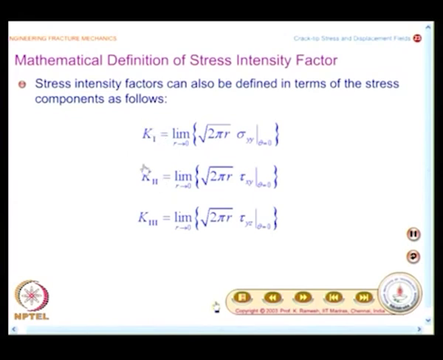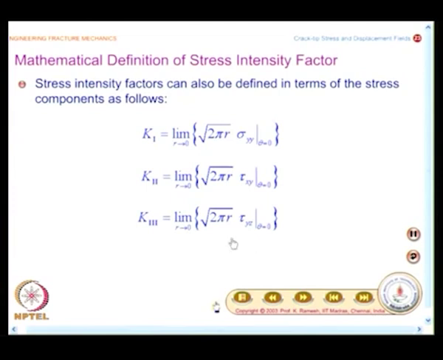You can write for mode 2 as well as mode 3, and the difference is the stress component that you are going to look at. In the case of mode 1, you are looking at sigma yy at theta equal to 0. In the case of mode 2, you are looking at tau xy at theta equal to 0, which is an in-plane shear stress. In the case of mode 3, you are going to look at tau yz at theta equal to 0, which is the out-of-plane shear stress.